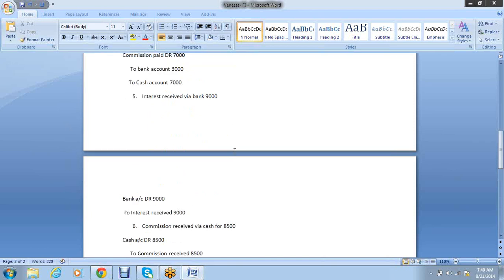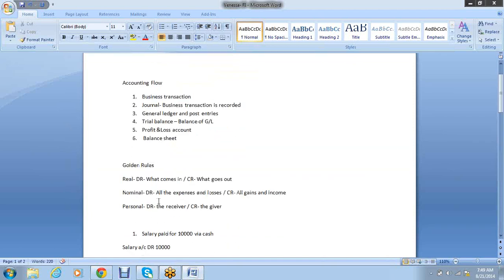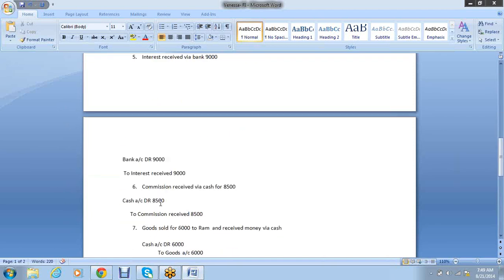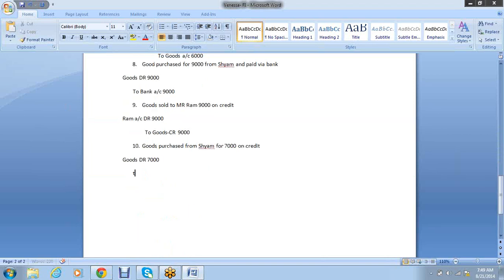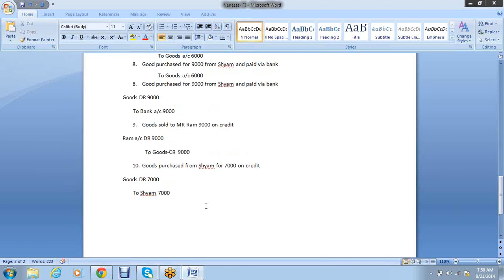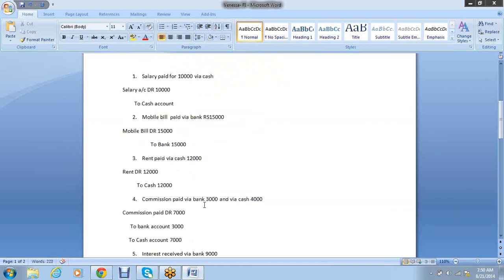So it is a real account. What comes in, debit. And the Sham account is credited. It's on credit, so we need to pay him back. But why the Sham account? It's personal.